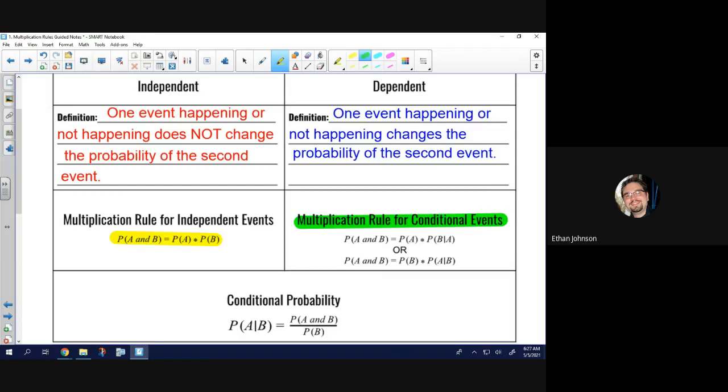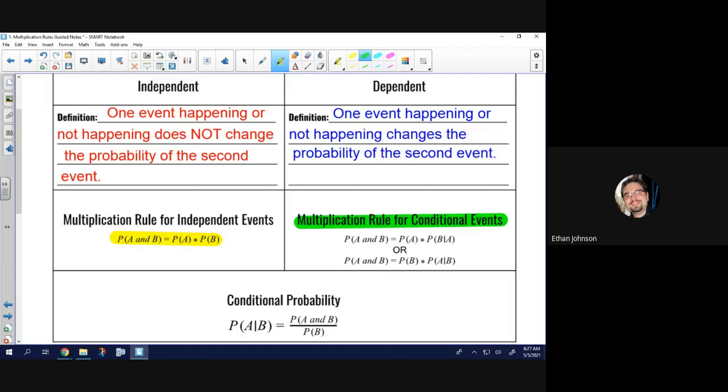Instead of looking at all of the cards in a deck of cards, we're only looking at the red. So what the conditional probability does is it adds a catch. It changes the total that we're going to look at.